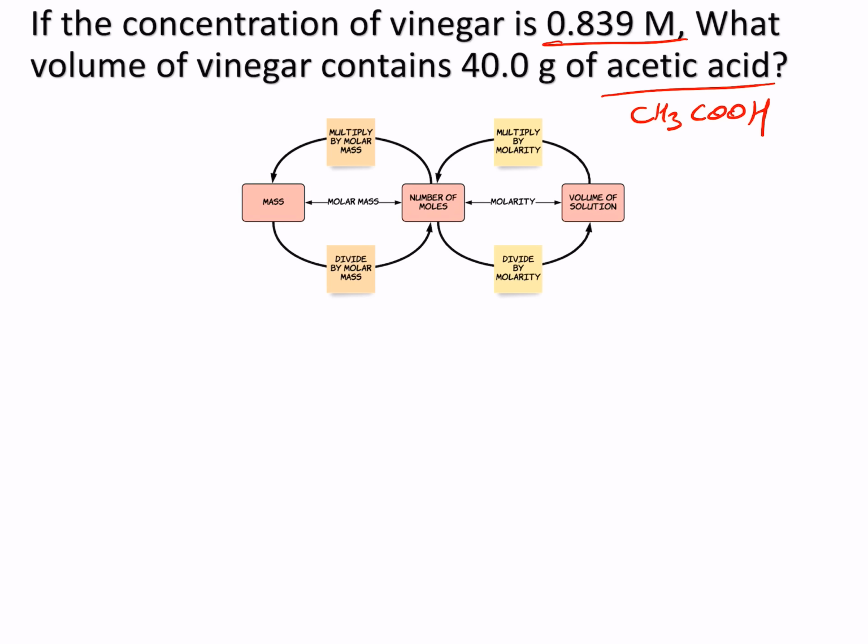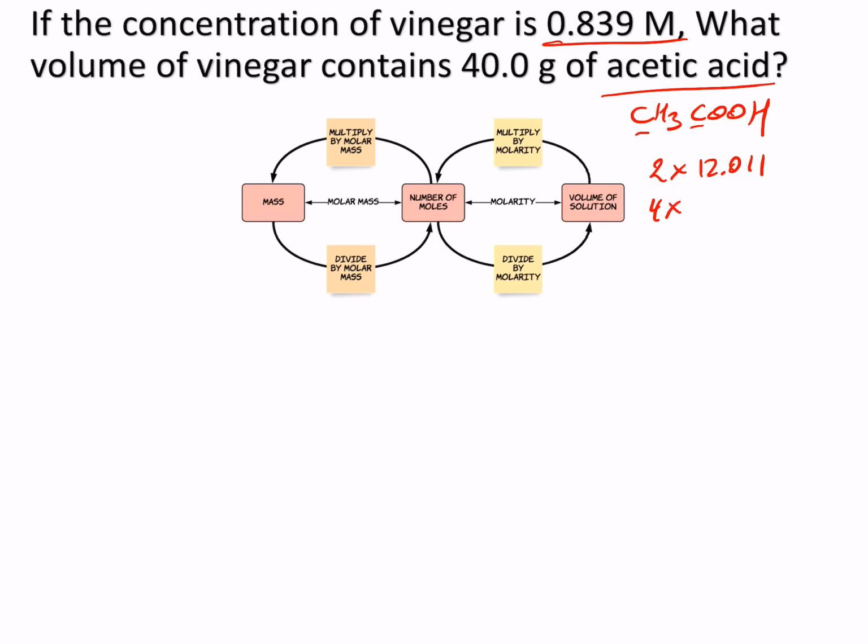CH3COOH. Not that you really need to know it, but anything that we're going to give you, we will either give you the molar mass, or you will have a formula with which to calculate the molar mass. So in this case, we have 2 times 12.011, because you have 2 carbons there.